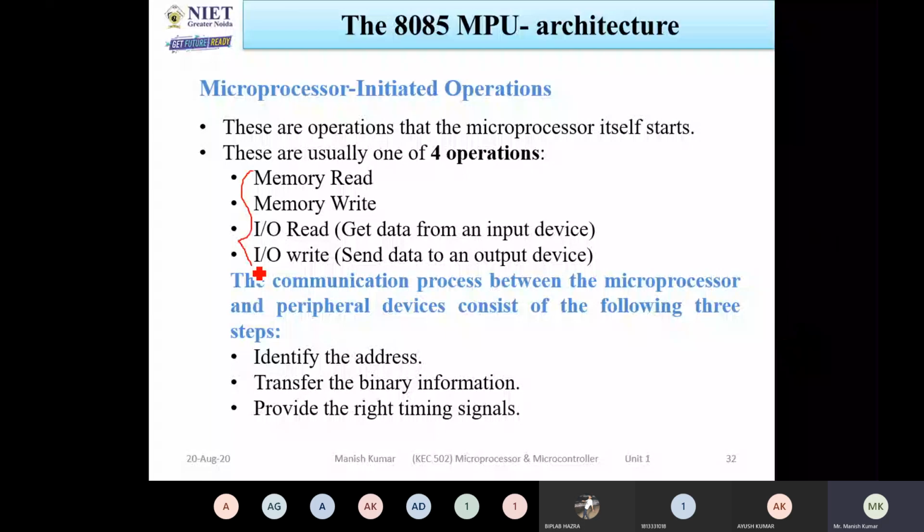So microprocessor ये 4 टास्क करता है, इस 4 टास्क के अलावा उसे कुछ नहीं आता. He doesn't know anything except these 4. So first is memory read, second is memory write, third one is input output read, and fourth one is input output write.